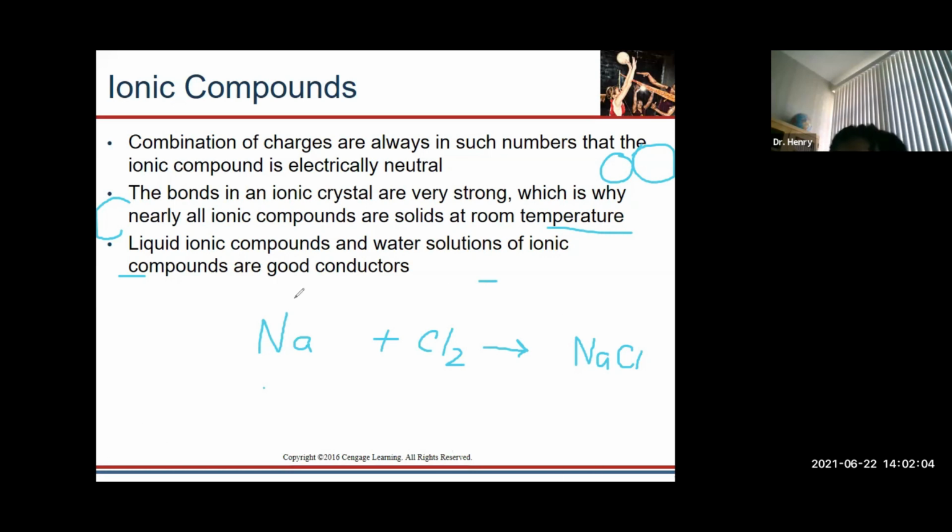So sodium is going to be giving up an electron, and chlorine is going to want to gain an electron.